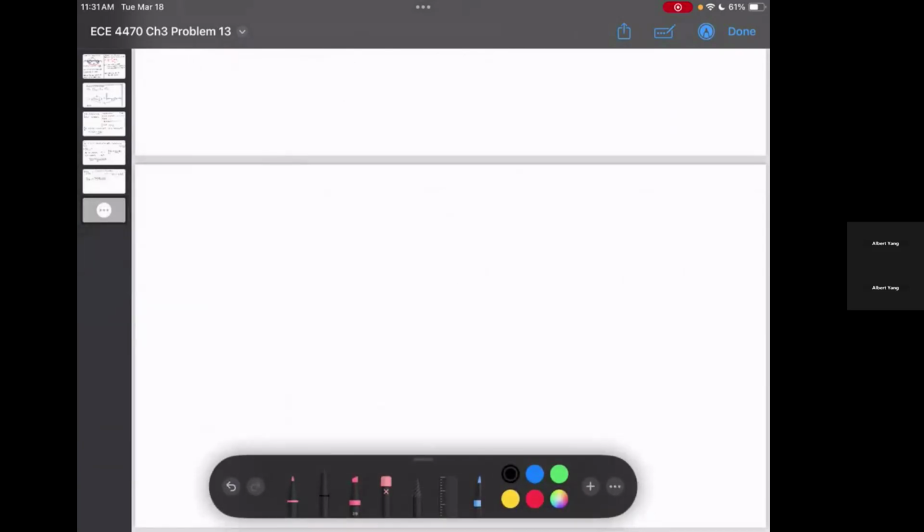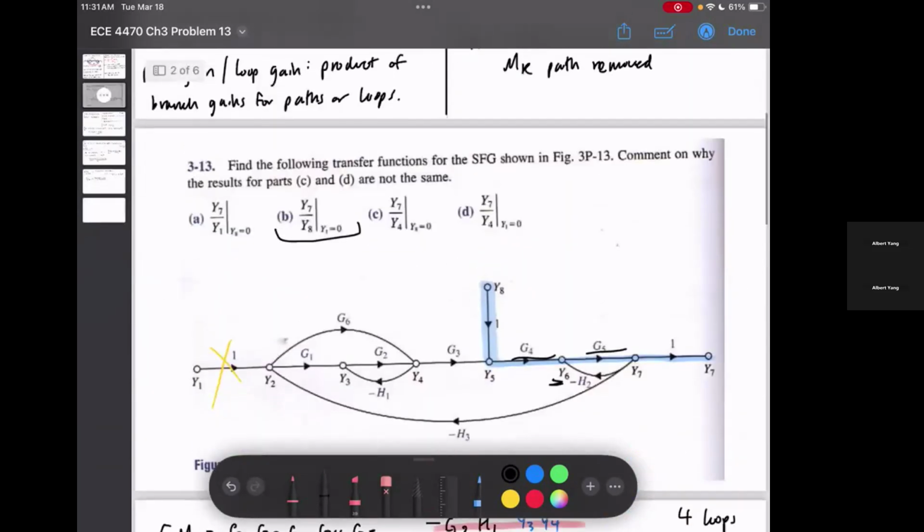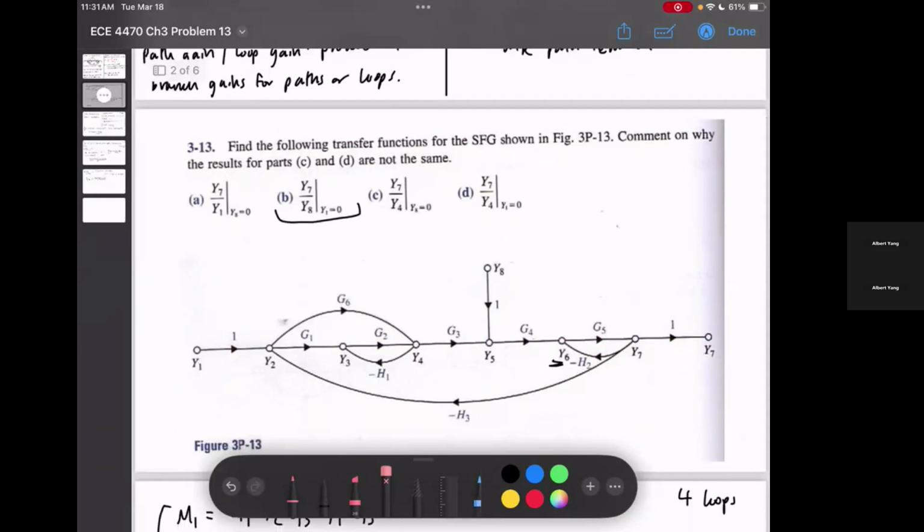Then we're going to go on to part C. And this asks for y7 over y4 when y8 is 0. And then this is interesting because it goes from y4, they ask from y4 to y7, but they don't want y8.